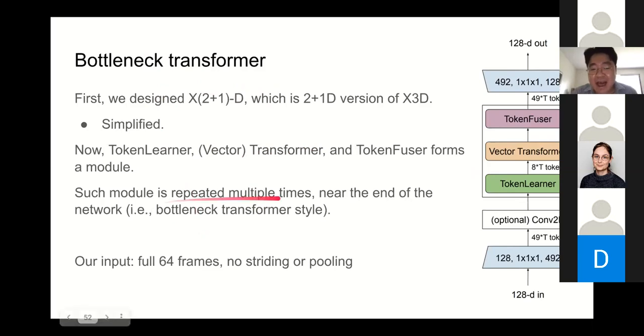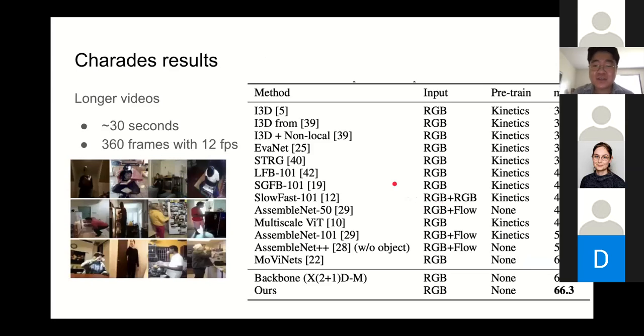And at the last layers, they repeat the transformer modules multiple times. And in our case, the input was the full 64 frames, no striding or pooling, so we are capturing the full 64 frame aspect of the video. Because for each frame, we only have 8 tokens, nothing more.